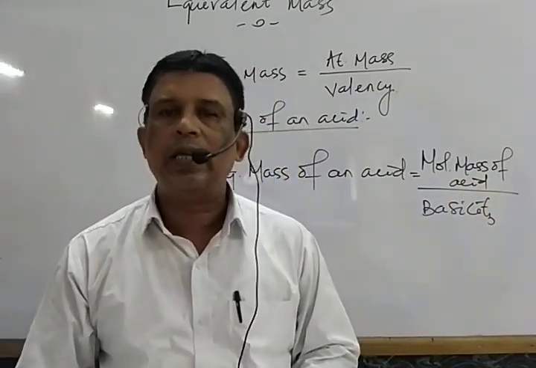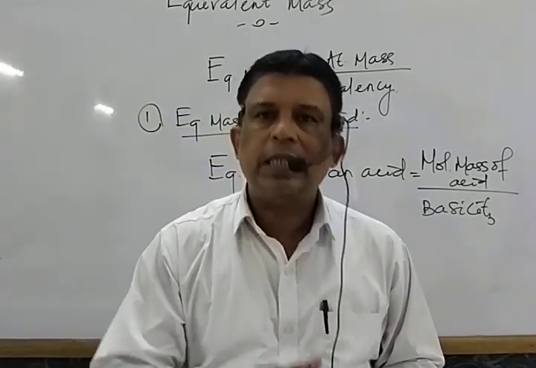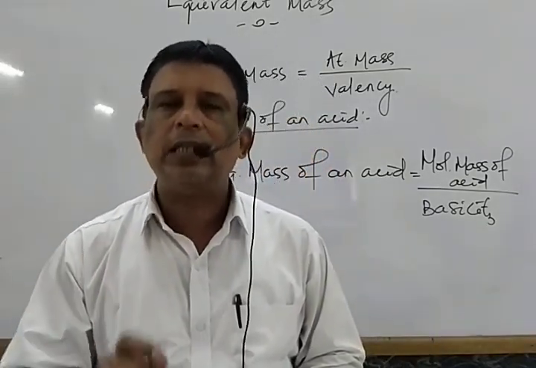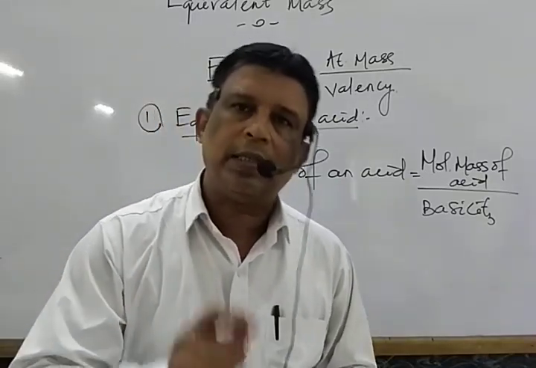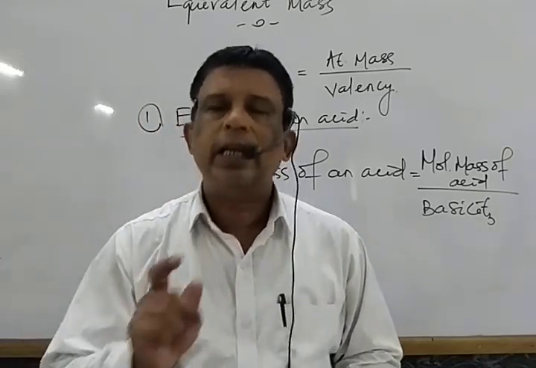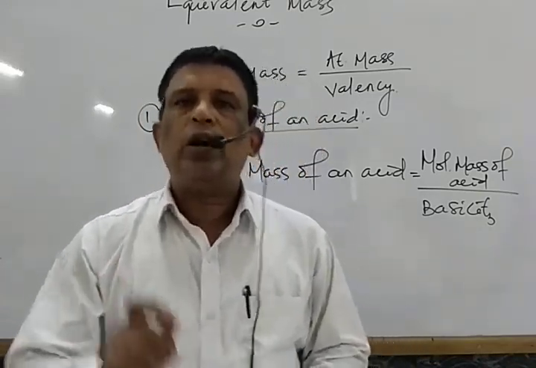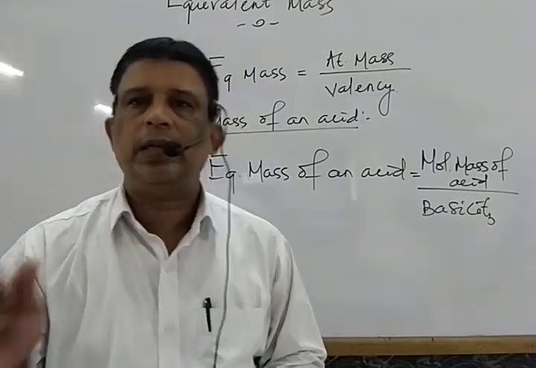Mark that the formula. Equivalent mass of an acid is equal to molecular mass of acid by basicity. A new term is there. What is basicity? The basicity of an acid is defined as the number of replaceable H plus ions given by an acid. I repeat again. Basicity of an acid is defined as the number of replaceable H plus ions given by an acid.